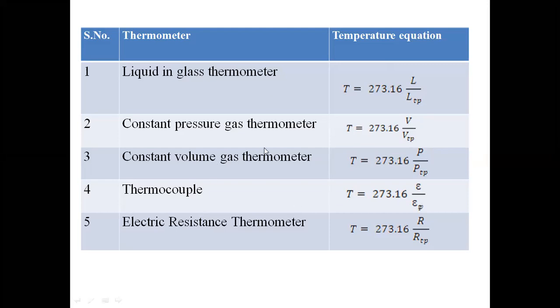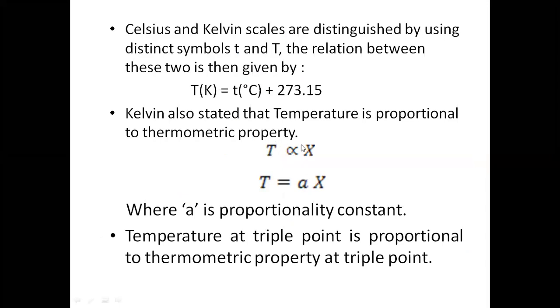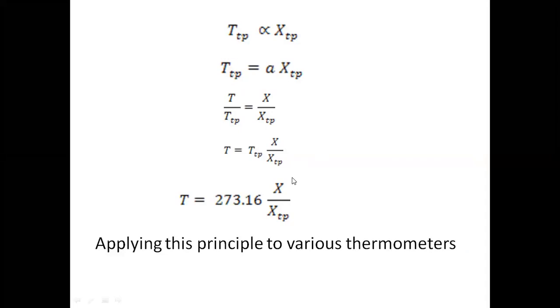So how is this equation obtained? We have taken temperature at triple point is proportional to x at triple point. Temperature at triple point equal to A into XTP. Similarly, temperature is proportional to x. T equal to AX. We are dividing T equal to AX with TTP equal to A XTP. After dividing, we got T by TTP equal to x by XTP. So T equal to TTP into x by XTP.